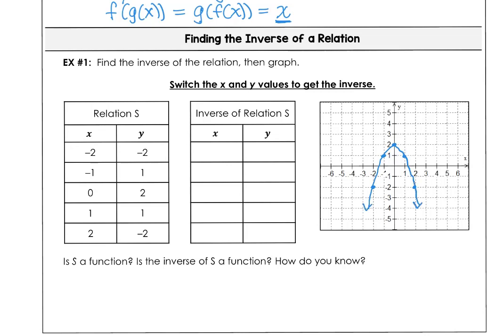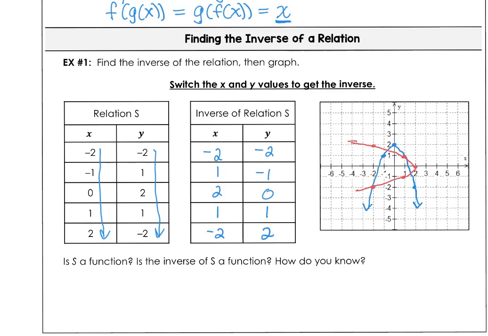Now, if we take that inverse relation, this y column becomes our x column in the inverse relation, and our x column becomes the y column in our inverse relation. We want to go graph those. We'll switch colors to red, and we can graph (-2, -2), so it passes through this same point, then (1, -1), (2, 0), (1, 1), and (-2, 2). So this is an inverse relationship.